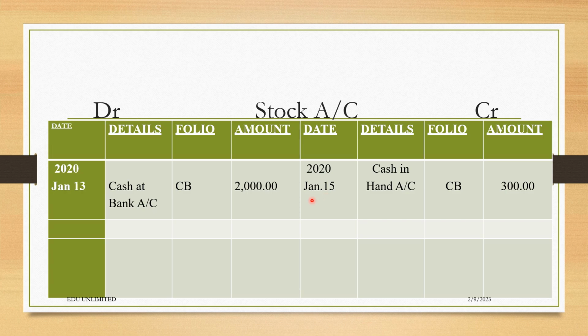So on January 15, on the credit side, the details now being cash in hand, not cash at bank, but cash in hand, and the folio being CB because both cash in hand and cash at bank are in the cash book, and the abbreviation used here is CB.